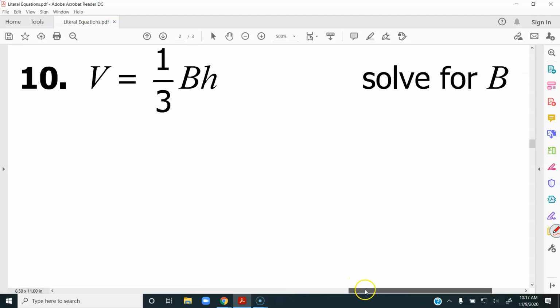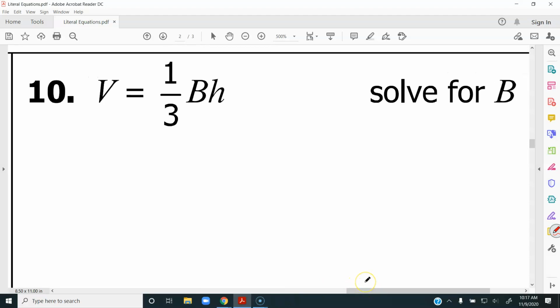Number 10, we're solving for b again. So again, I'm going to use the symmetric property. Okay. Then I'm going to use the multiplicative property.